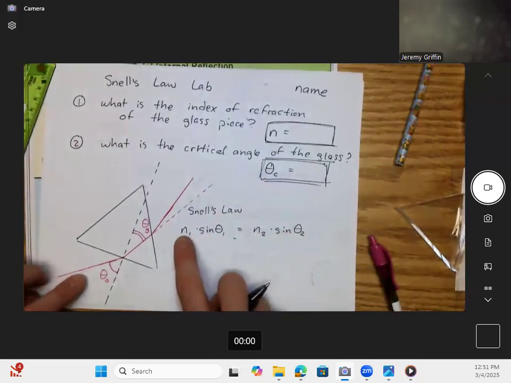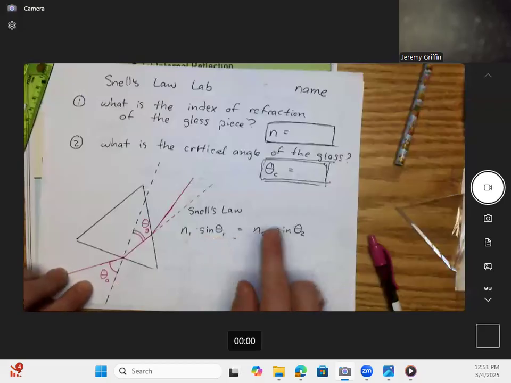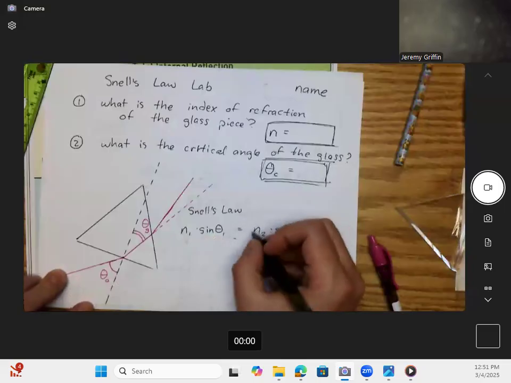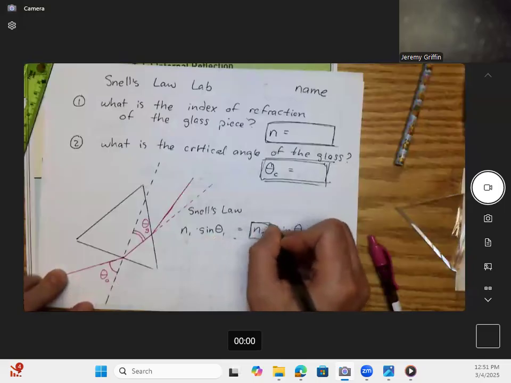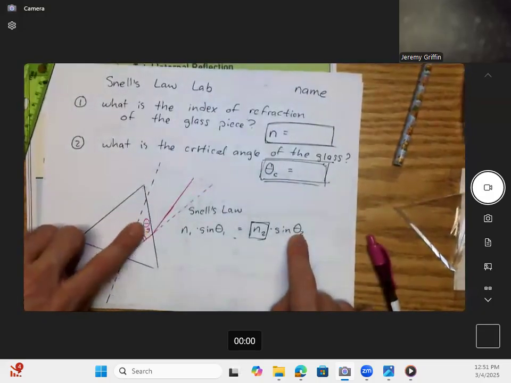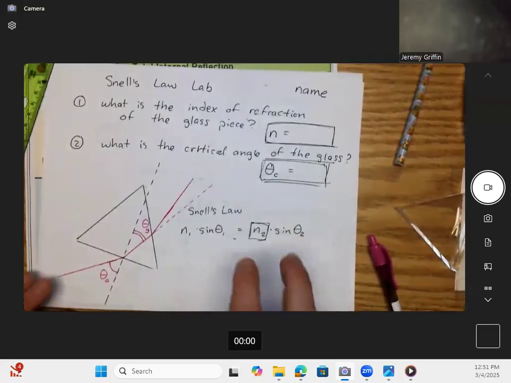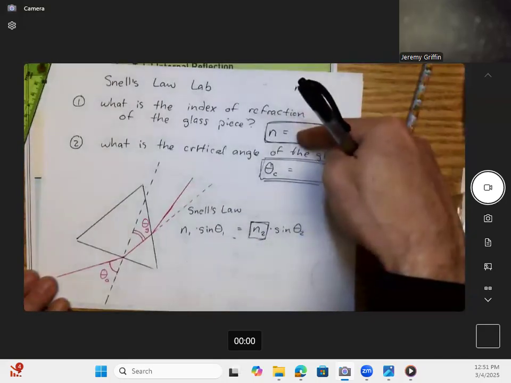On the side of the air, what is the index of refraction for air? Let's call that 1. This theta on the side of the air is however many degrees this is. That goes right there. The index of refraction of glass is what you're solving for. And theta 2 is whatever the angle on the side of the glass is, which is going to be a smaller angle. That'll let you figure out the index of refraction of the glass.